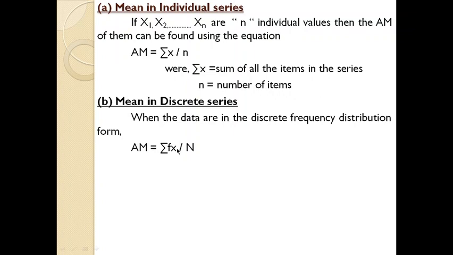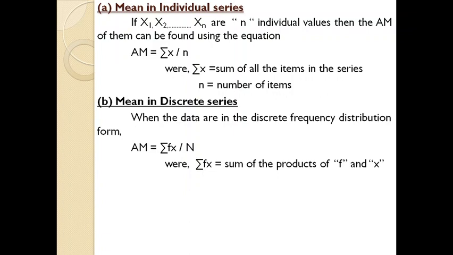So how are you going to find the arithmetic mean? It's quite simple. You need to take the product of f and x. Once you find the product of f and x, you need to take the total of all the products. Sometimes there might be 10 items, so you need to take the product of each individual item, that is x into f for each of the 10 items.